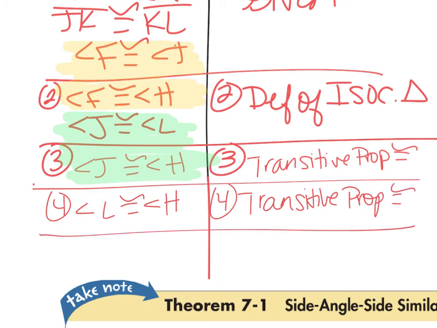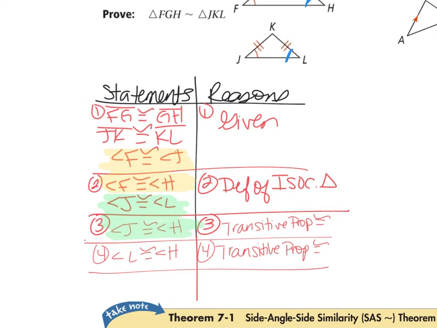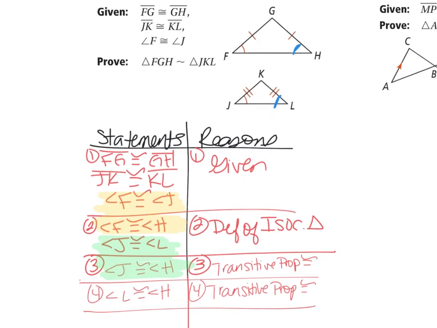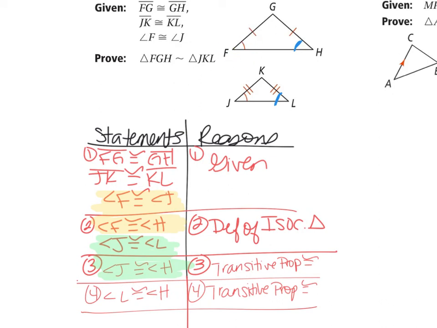Okay, the last step, do we have angle F and J are congruent? Yep, we wrote that right here. And then do we have H and L? Yes, we just wrote that in that last step.